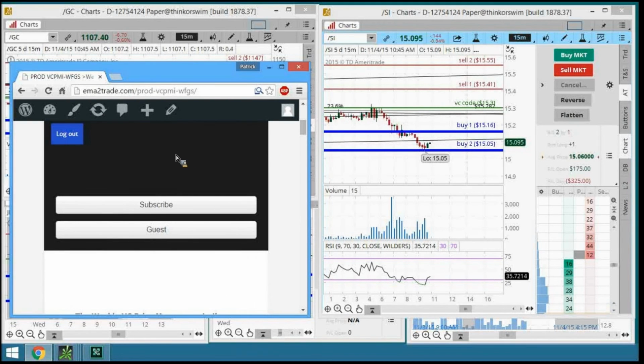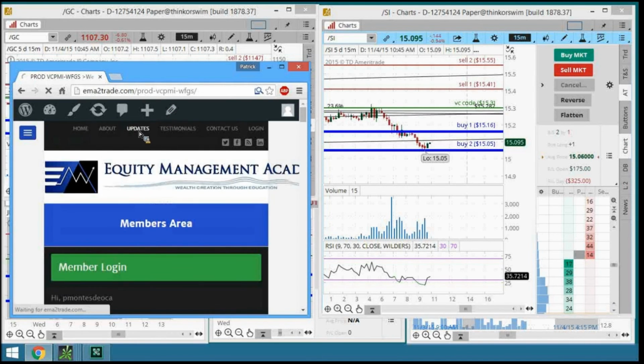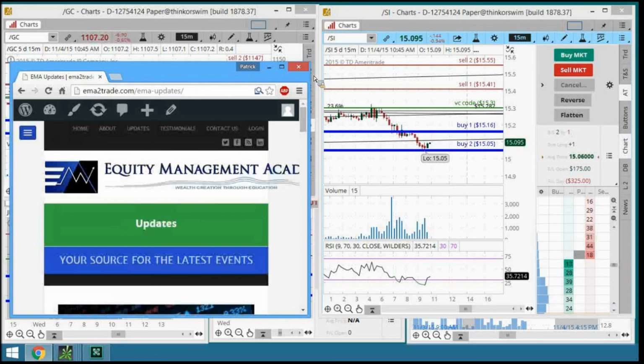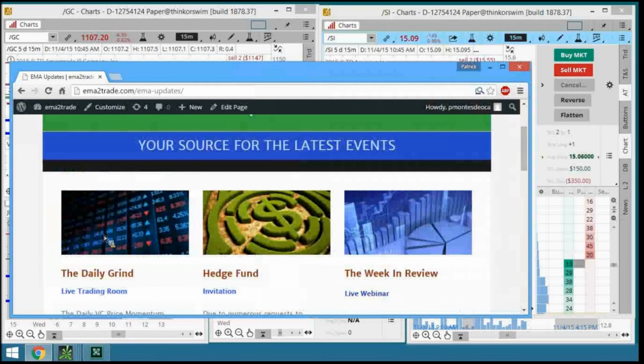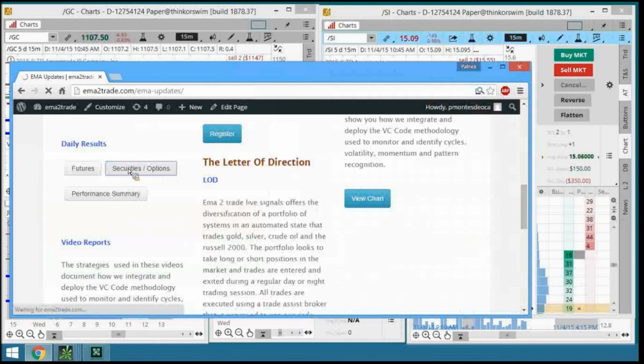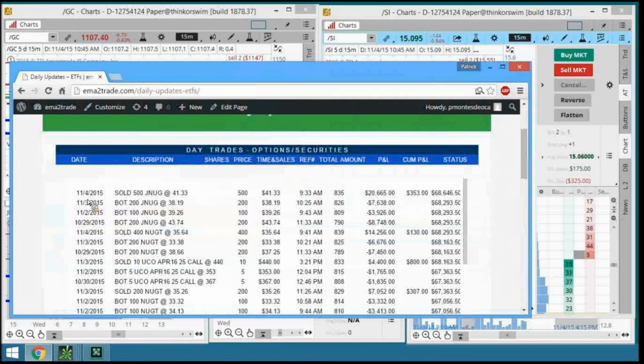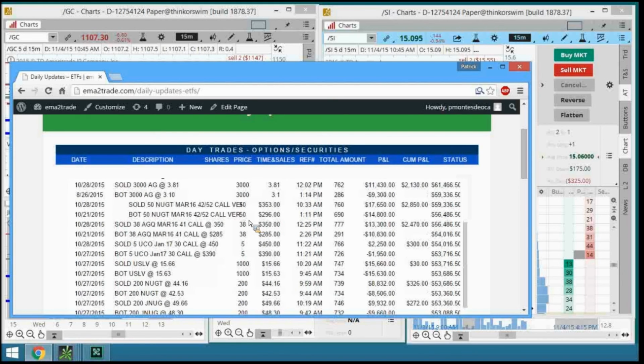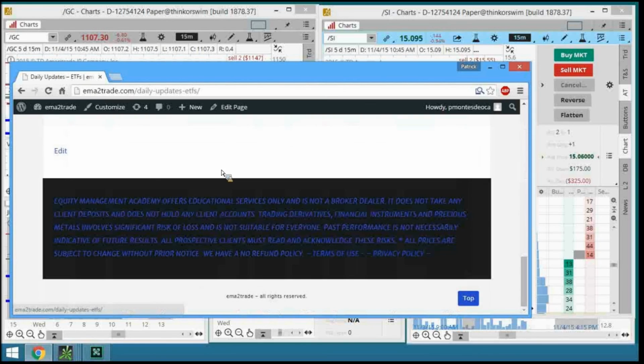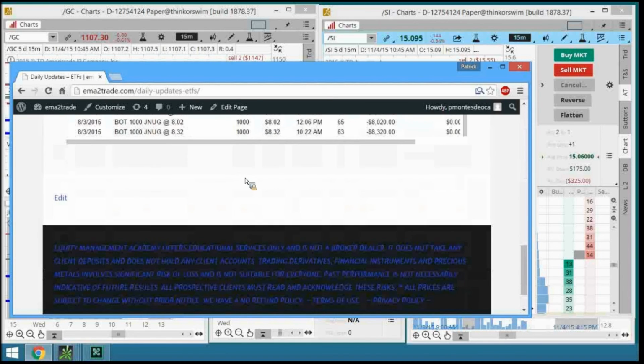For any additional information, you feel free to go to the website, click on updates, and you'll be able to see the real live accounts that we are trading, that we are posting daily, such as the securities and options account, which is showing as of the 4th of November, a $50,000 account has made about $68,000 in profits since we started trading on August the 3rd of this year.